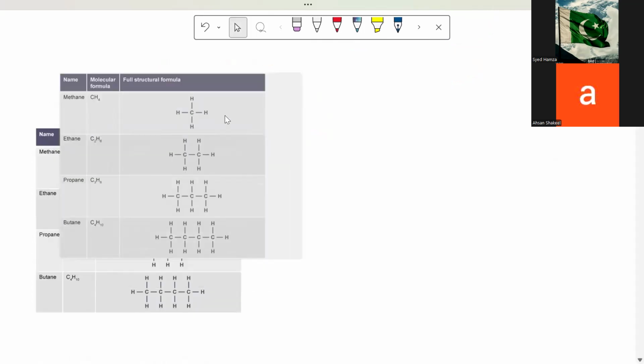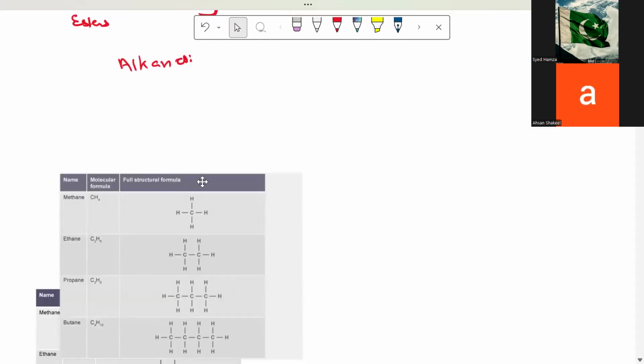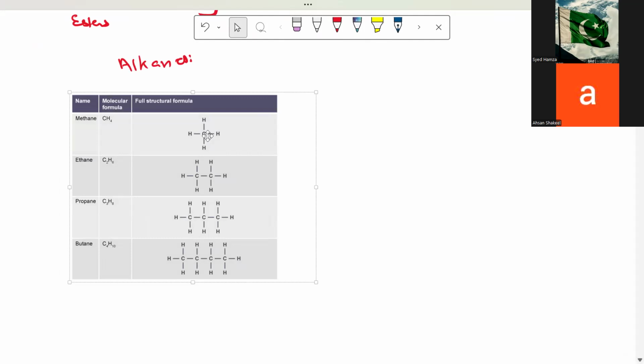Here are all of the compounds of alkanes. This is methane, this is ethane, this is propane, and this is butane, with molecular formulas CH4, C2H6, C3H8 and C4H10.